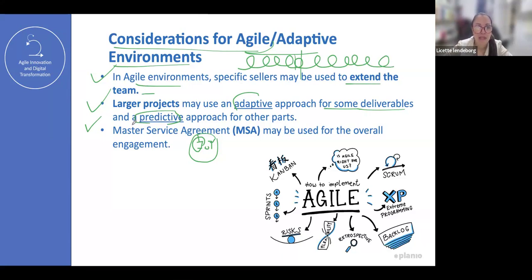And last but not least, in agility this is the most popular type of contract. If someone asks what type of contract we use in agility, the name is MSA, Master Service Agreement, for the overall engagement.